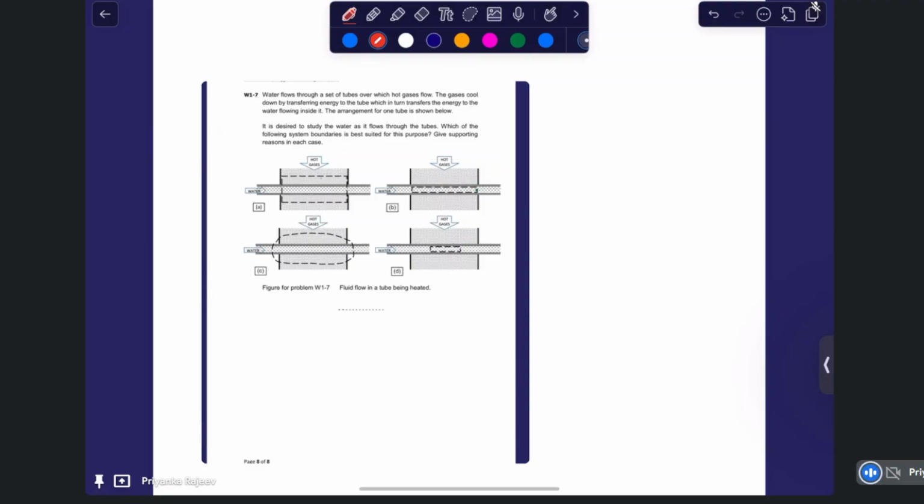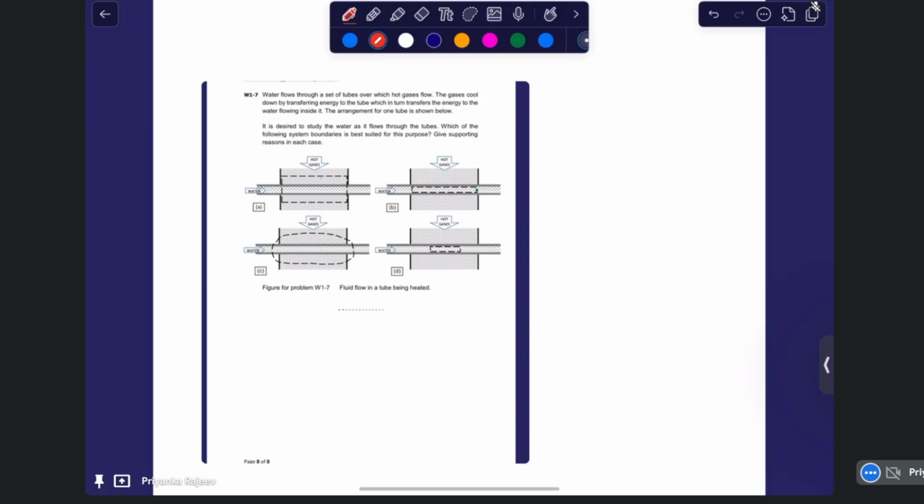The gases cool down by transferring energy to the tube, which in turn transfers the energy to the water flowing inside it. The arrangement for one tube is shown below. It is desired to study the water as it flows through the tube. Which of the following system boundaries is best suited for this purpose? Give supporting reason in each case.